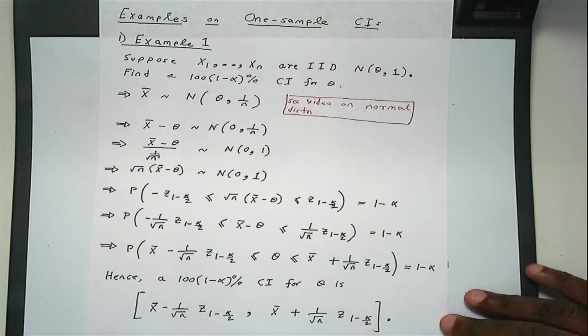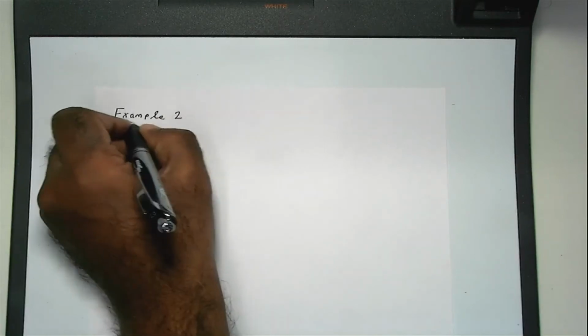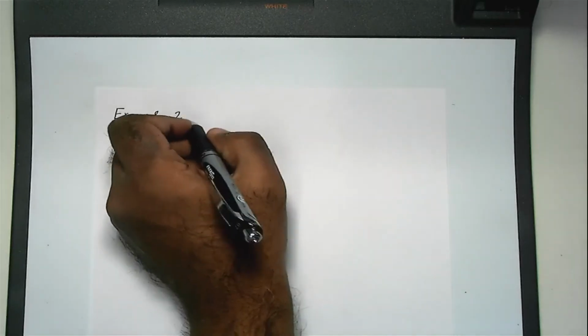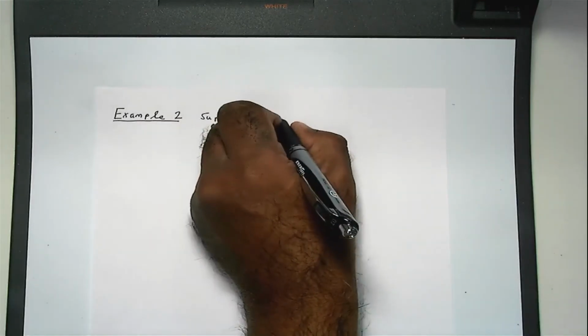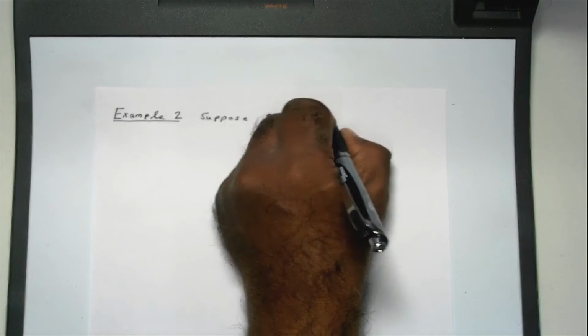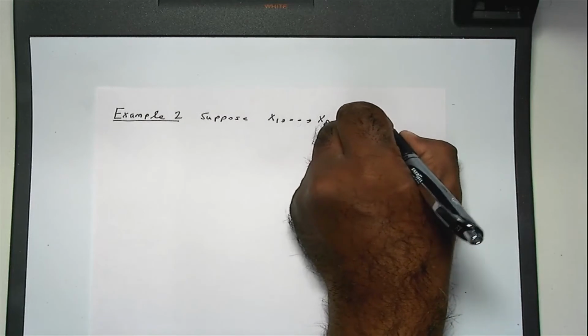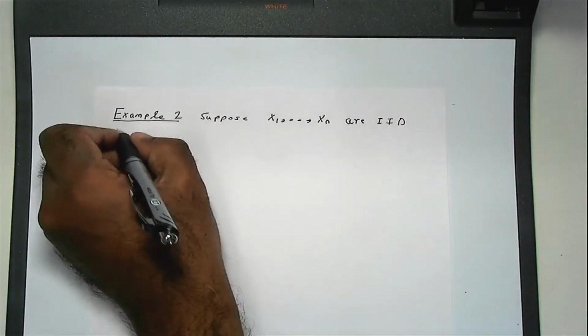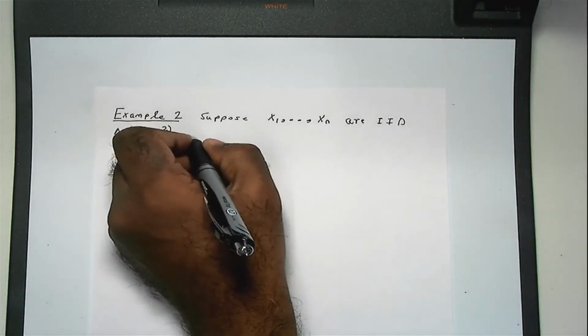Example 2. Suppose, so this is theta, sorry, it's theta.